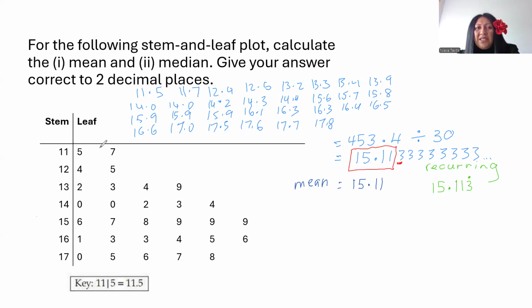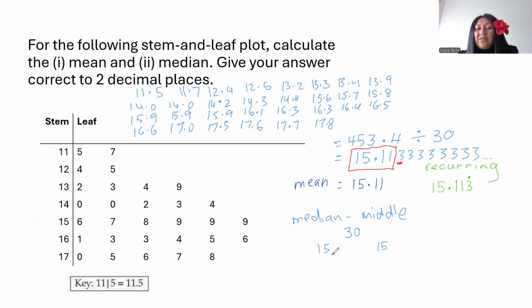Now, finding the median. Remember, the median is the middle value, right? So we have to find the data points that are in the middle. There are 30 data points here. Now, when we find something that's in the middle, it's more like what is halfway, right? And if we halve the 30, it will be 15.